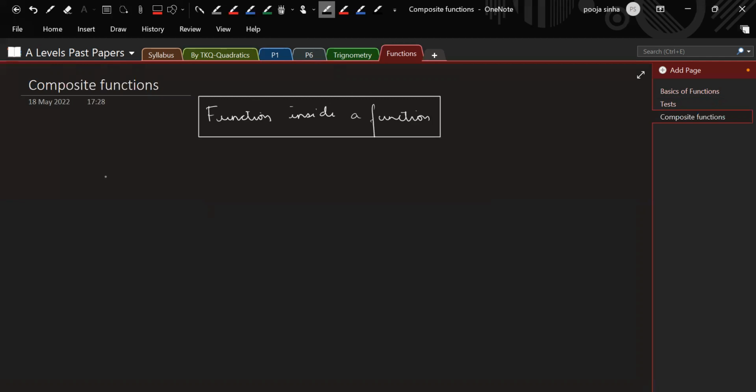So let's take one example. Suppose I have f(x) equal to 2x plus 5, and I have another g(x), which is x square plus 3. Now I can have a question which says find out f(g(x)).